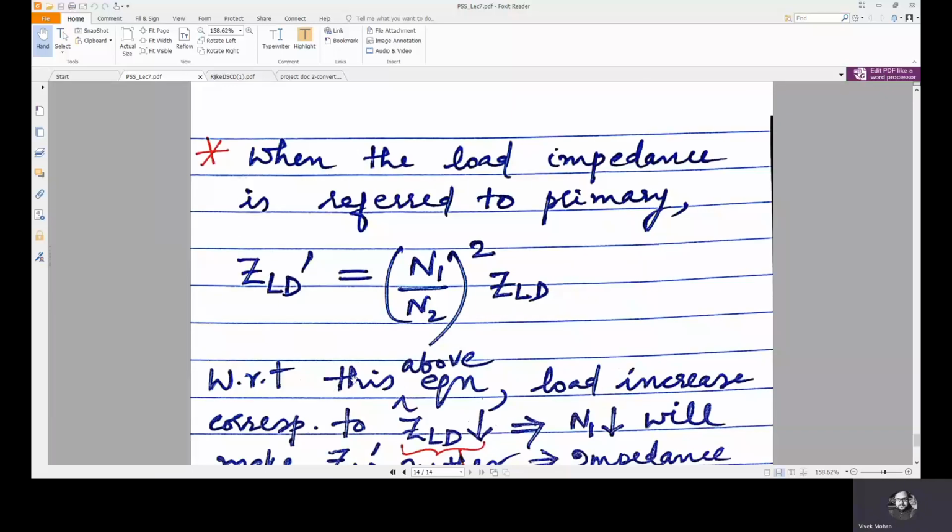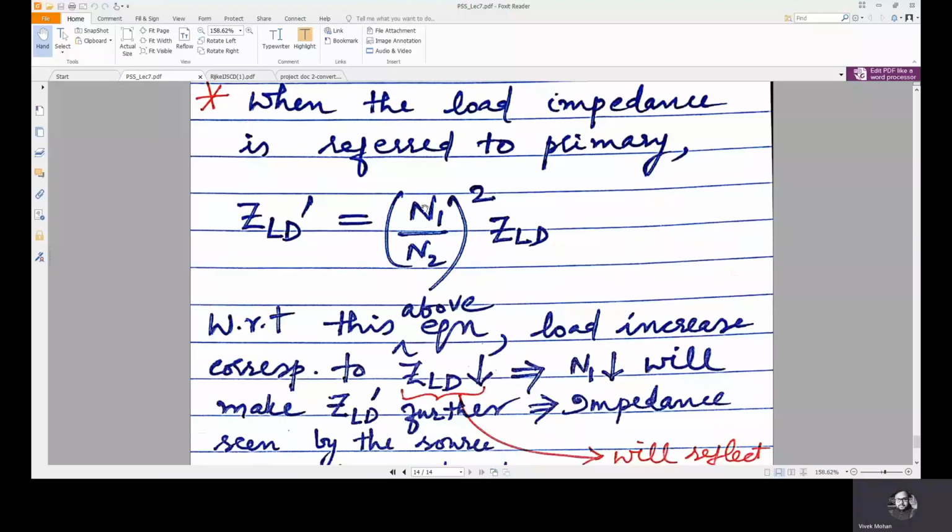With respect to this equation, load increase corresponds to a reduction in load impedance, which implies N1 will decrease, because whenever the transformer senses an increase in load and a reduction in voltage, it automatically changes the tap, that is, changes the turns ratio.